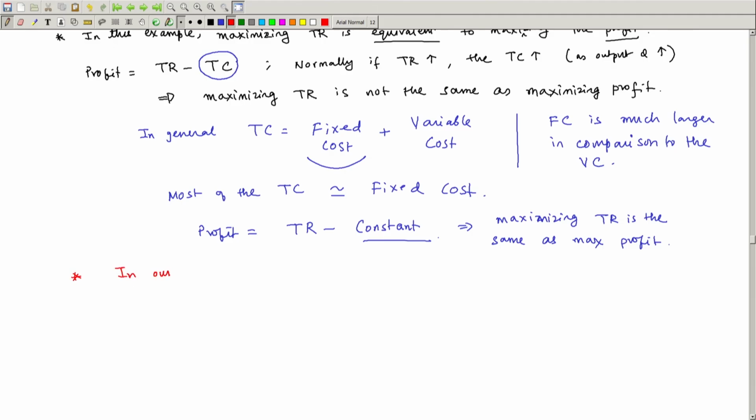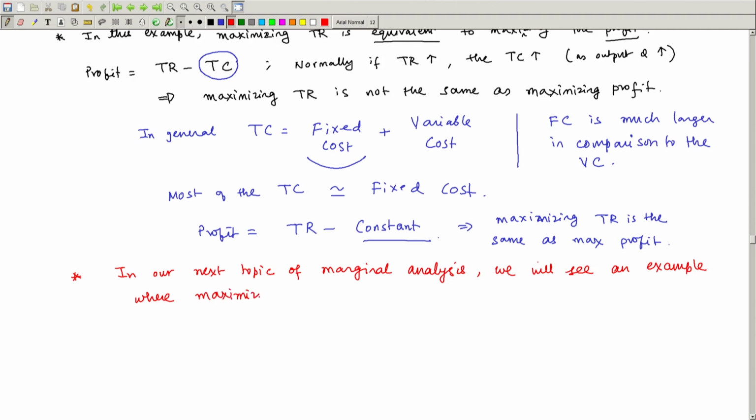Now, I will just make a note that in our next topic of marginal analysis, we will see an example where maximizing profit and maximizing total revenue are not equivalent.